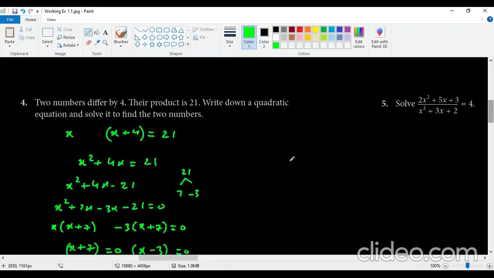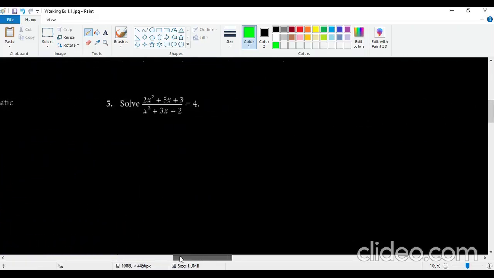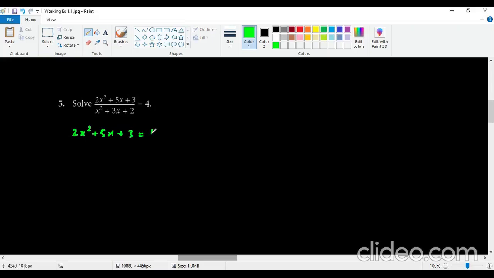Now comes the next question. We'll go directly: 2x square plus 5x plus 3 equals 4 times x square plus 3x plus 2 like this, and we are going to simplify first. 4 times 3 is 12x, and 4 times 2 is 8.